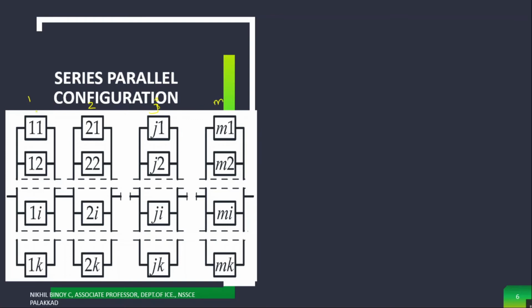It means this system is a series configuration of m blocks, 1 to m blocks are there. Now each block has 1, 2, i, k elements. Each block has k parallel elements. So please note the system is the series configuration of m blocks, where each block has k parallel elements.